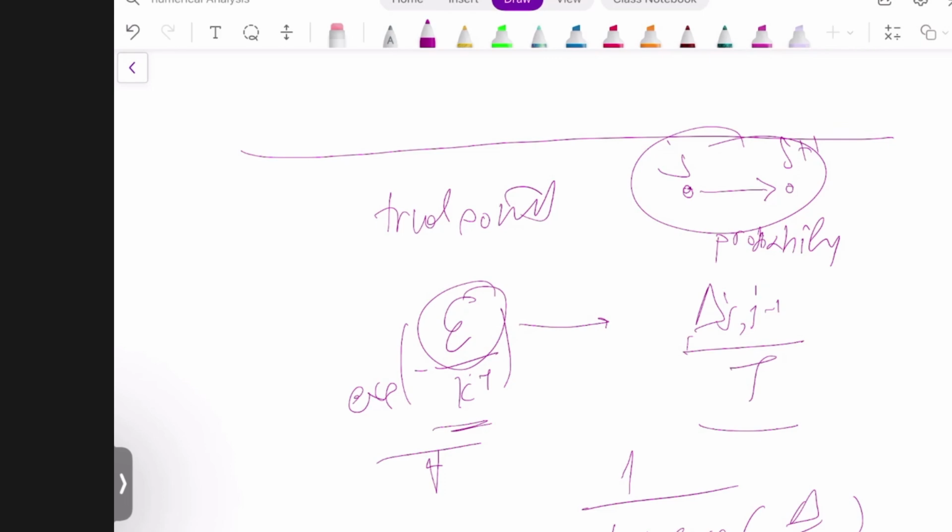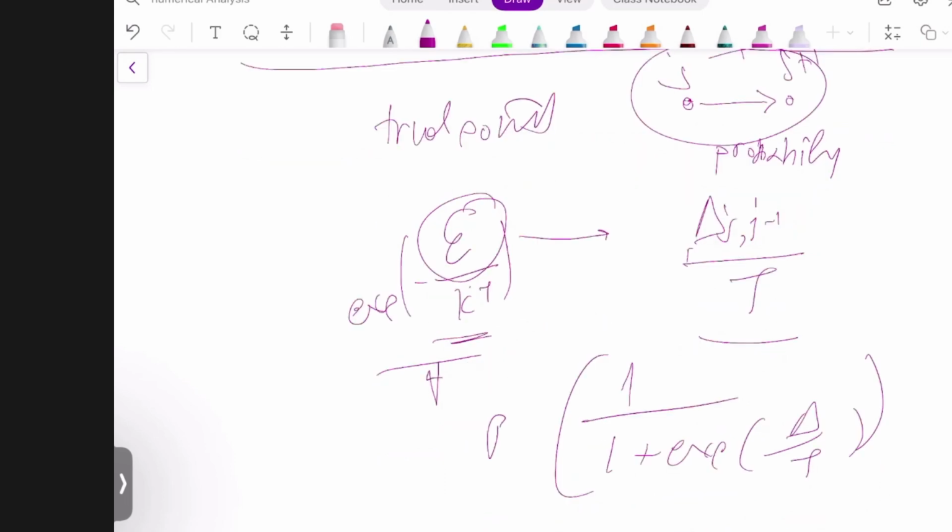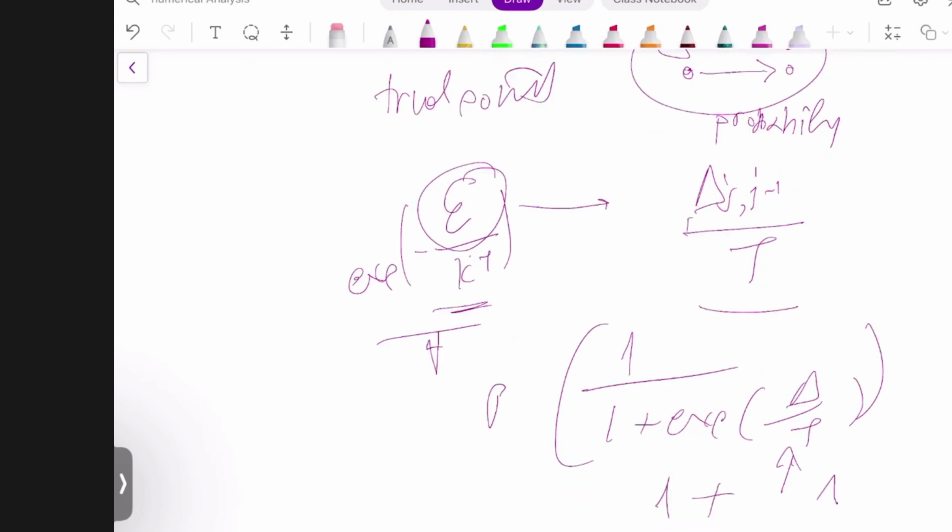So therefore, this probability, if you see the calculation, the maximum is 1 plus 1, it is 2, so it is 1 over 2, it is 0.5. So the value that this can take is from 0 to 0.5.